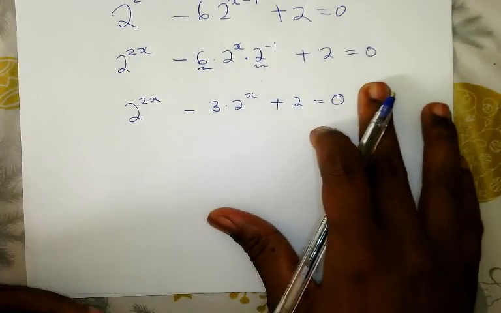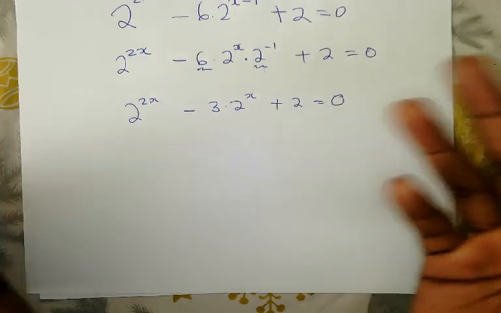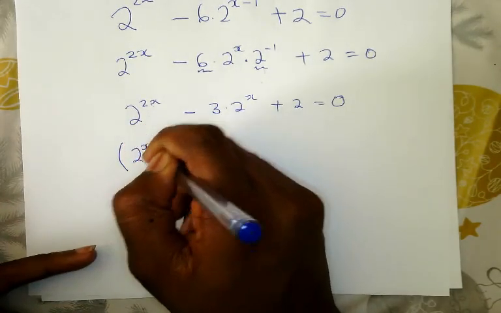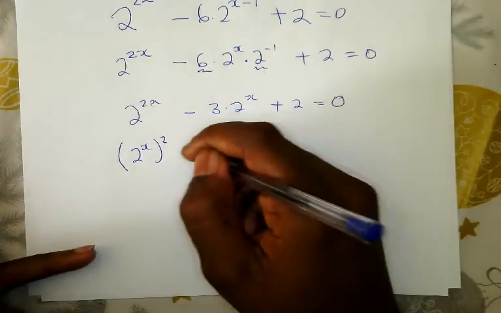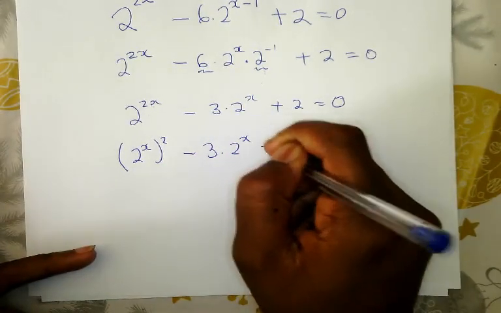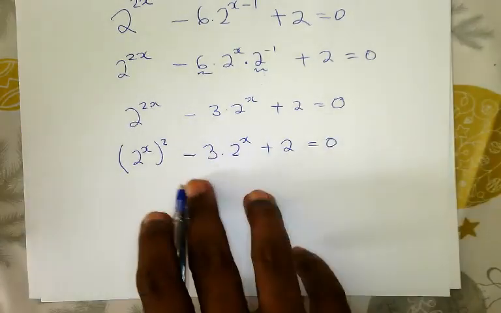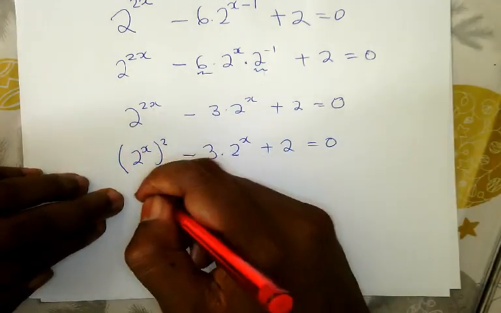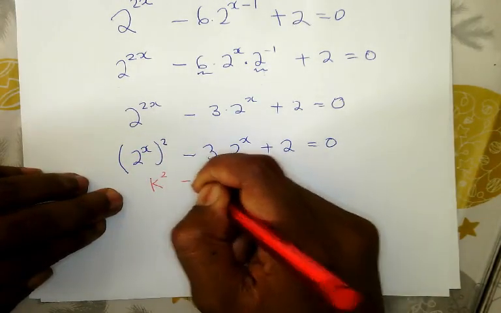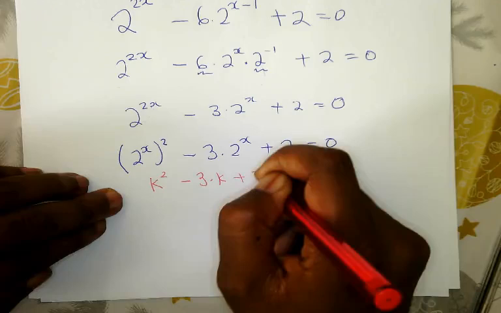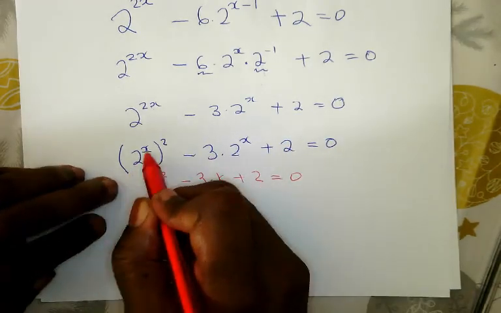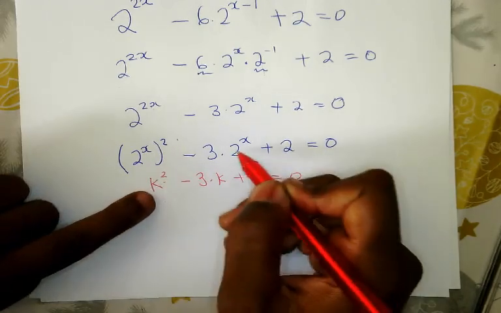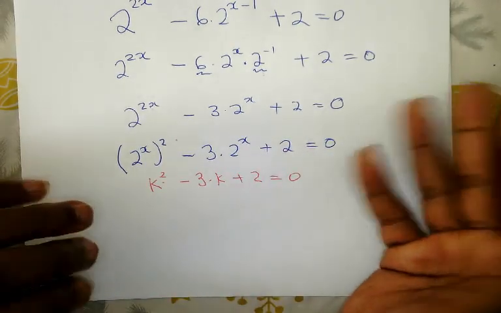Look, if I write this like this, 2x, and I put a square outside. Do you agree that this looks something like this? Because look, I've got this thing here squared, and I've got this thing here squared to the x. So it's similar. So if I write it like this, I've got a trinomial.